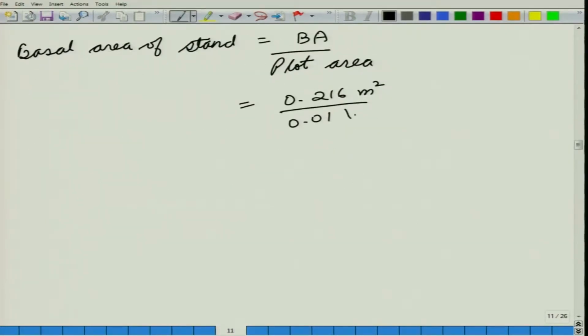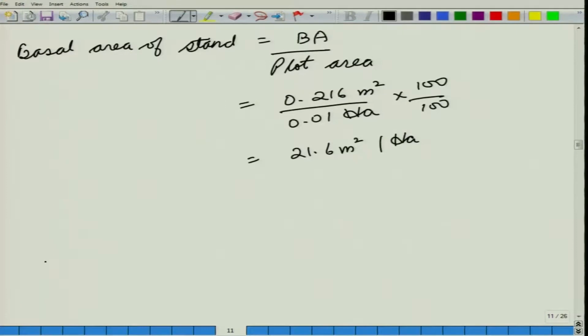Multiplying by 100, we get 21.6 square meters per hectare. So that is the basal area of the plot.